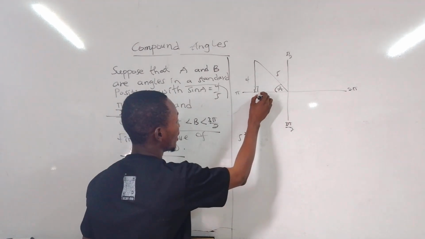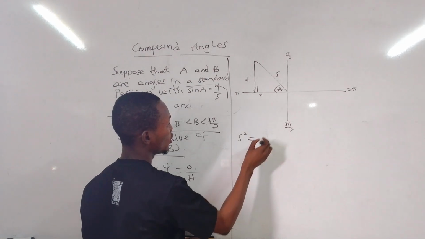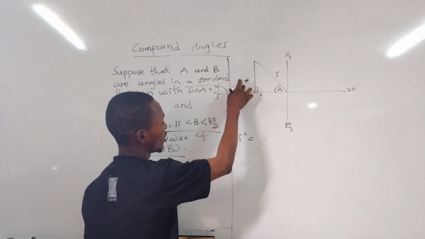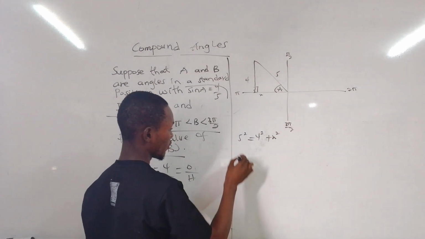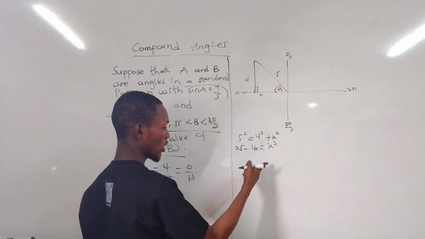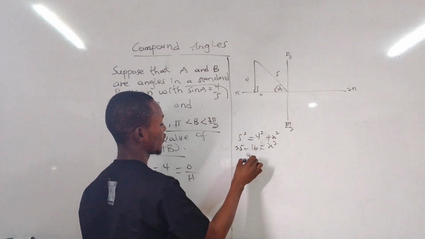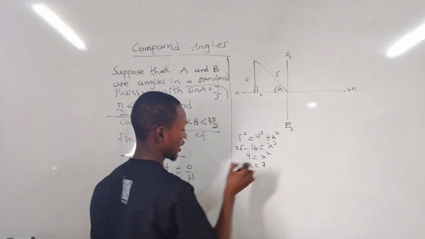So let me name it x, since we don't know the value of this side. 5 squared will be equal to 4 squared plus x squared. Now we have 25 minus 16 is equal to x squared. So clearly 25 minus 16 is 9. So 9 is equal to x squared. This implies that x is equal to 3.